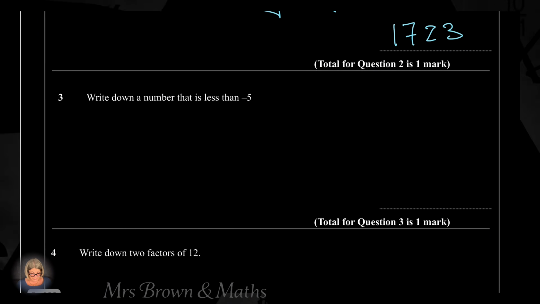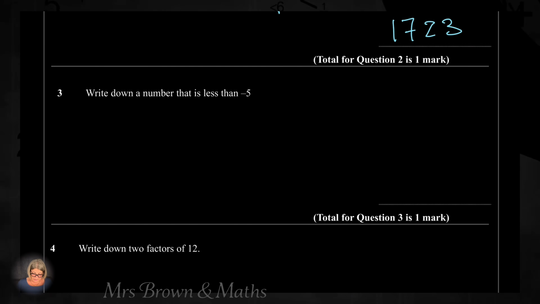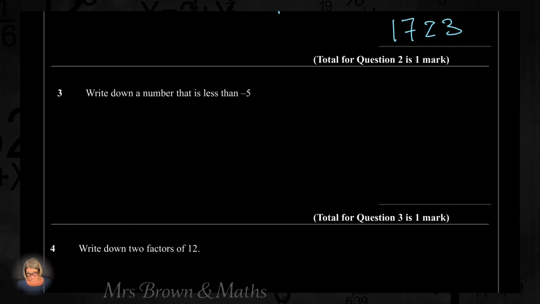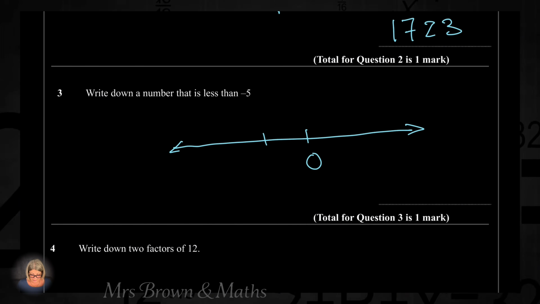Right, question 3. Write down a number that is less than -5. 1 mark question. You can just write down the number which is less than -5. I will explain a bit. So that is our number line. That is 0. Somewhere here is -5.